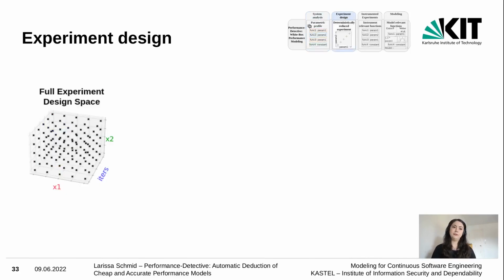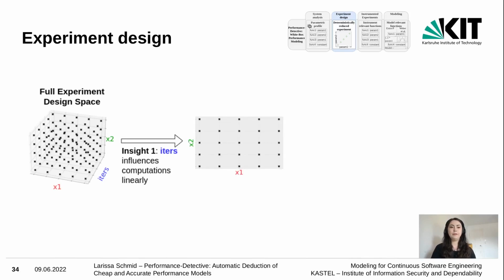So from the full factorial standpoint, we would start off with the experiment design space consisting of 3 parameters, x1, x2, and iter's, resulting in 125 measurements. However, applying our first insight, which is that iter's influences the computations linearly, we can strike out iter's as a parameter, giving us only 25 measurement points measuring combinations of x1 and x2.